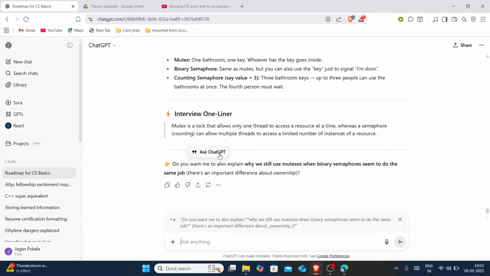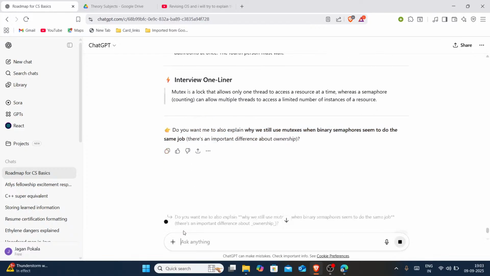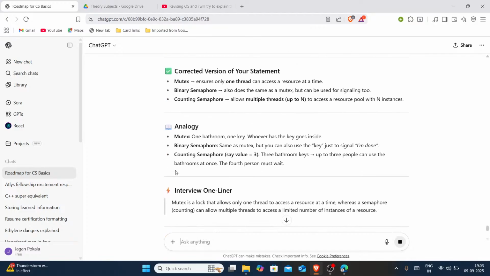So what is the use of a mutex when there are binary semaphores? That's the question.